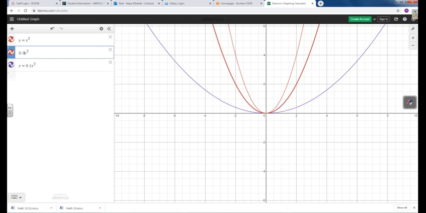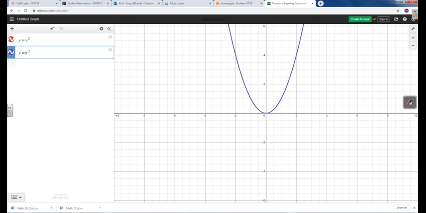So if I have negative 0.5 x squared, okay? So that's y equals x squared, and if I have negative 0.5 x squared, look at this. That negative a value is not only going to cause a vertical stretch or a vertical compression, it's going to cause a reflection in the x-axis.